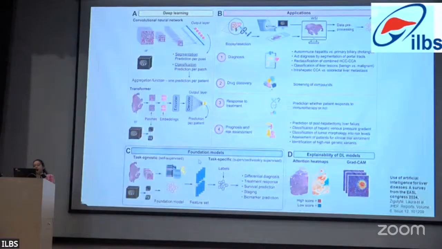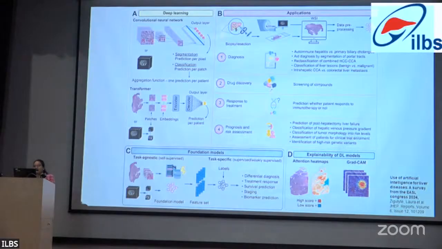So if we take imaging data, here in the D section of the image, there is a pathological slide image, and the heat map is telling which part is associated with a high score and which with a low score. So for our decision making, the part that is contributing to the decision can be highlighted.